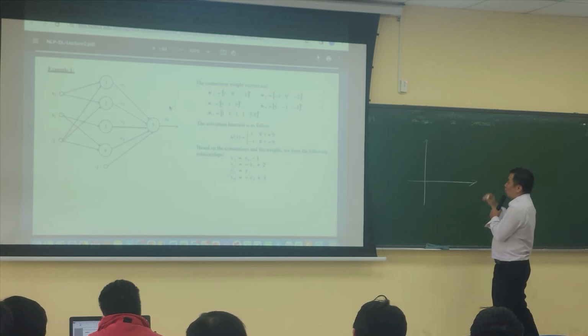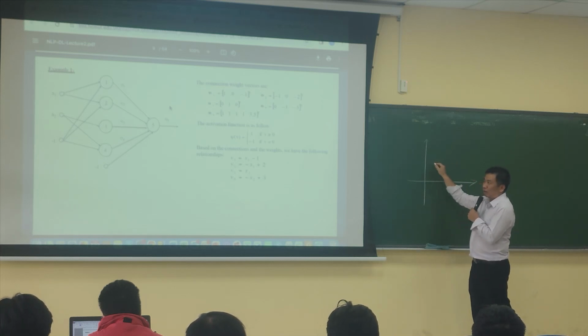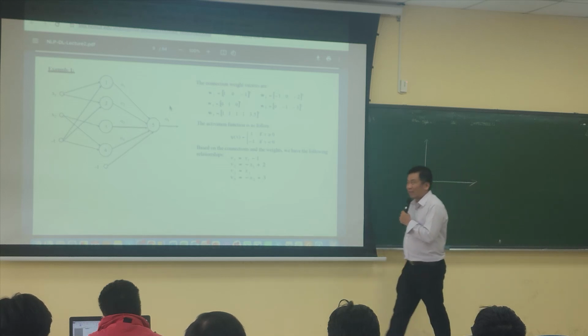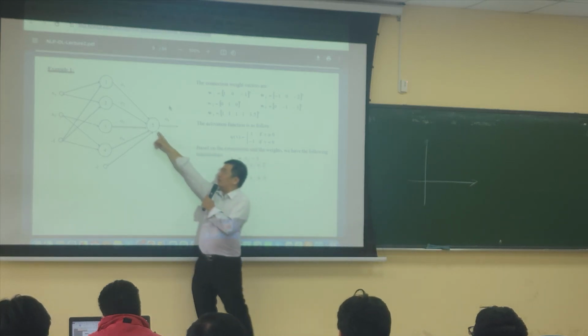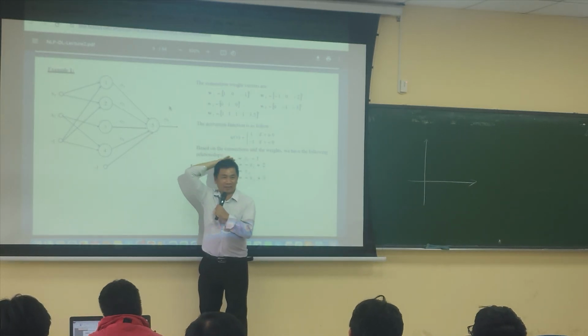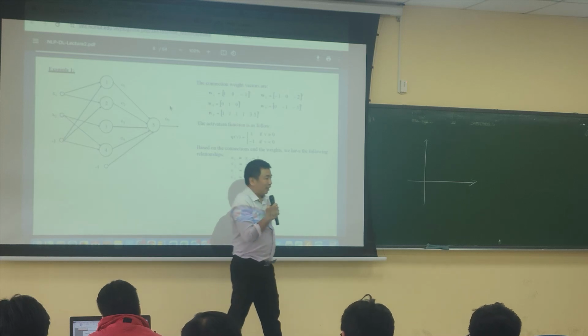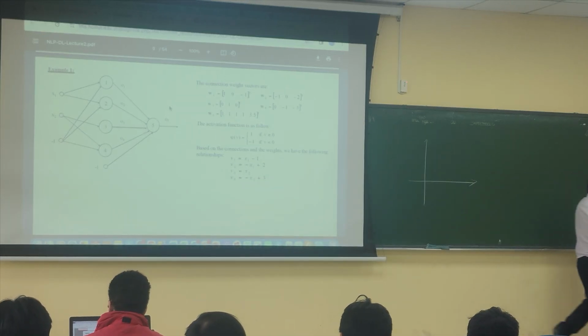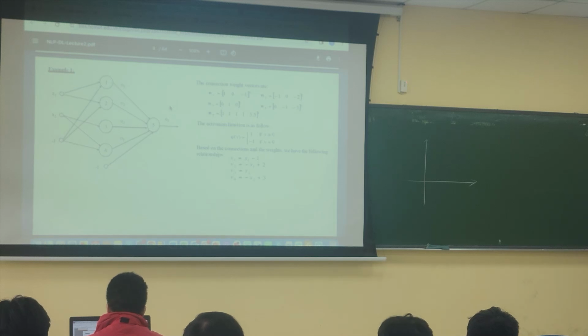Okay, so what is the value of S1 and S2 that makes neuron 5 activate? Okay, the question is what is the value of S1 and S2 that can make neuron 5 activate?